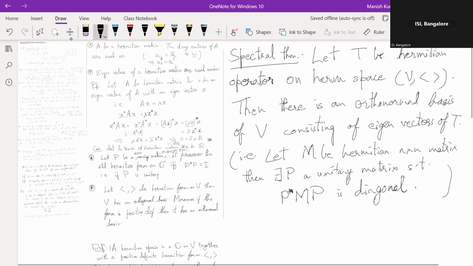So all the eigenvalues are real. So the diagonal entries are eigenvalues, and it is a diagonal real matrix, we can say.